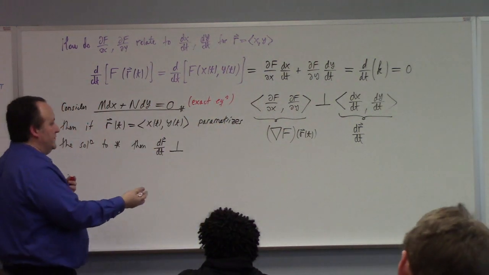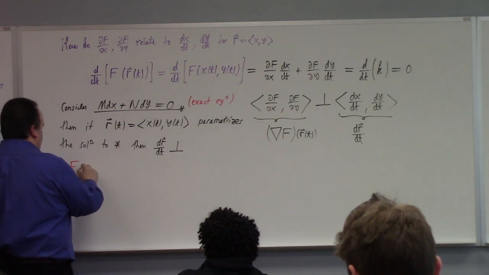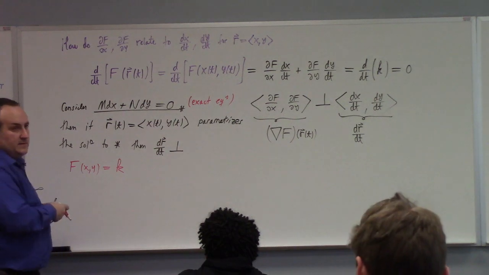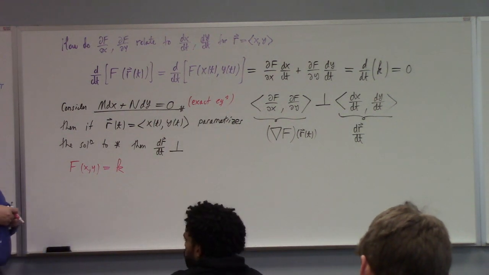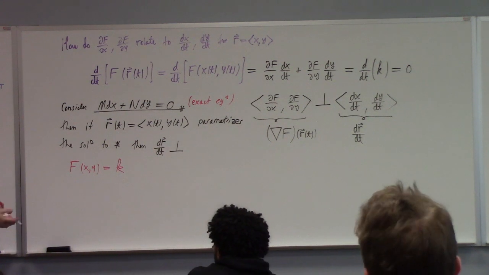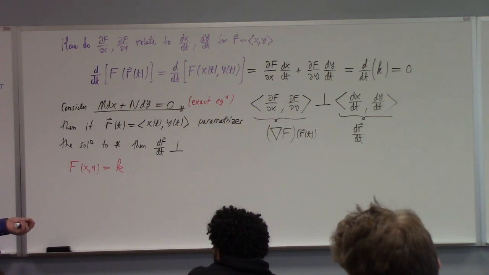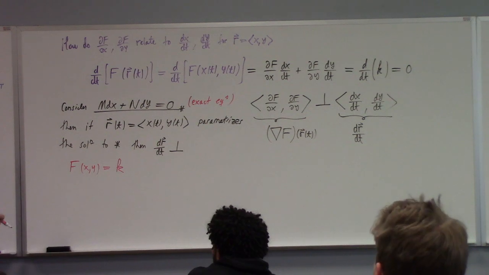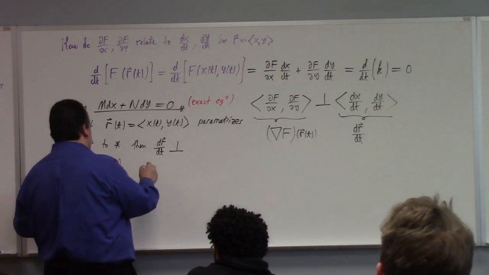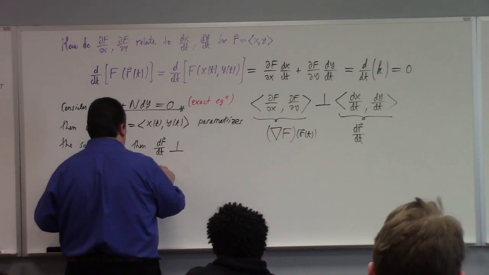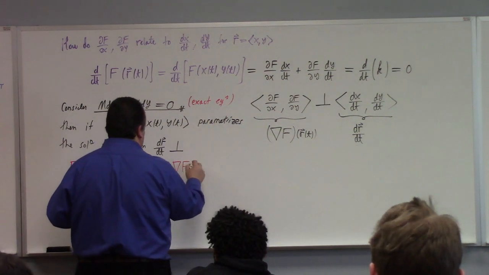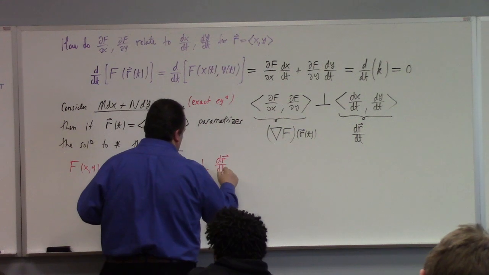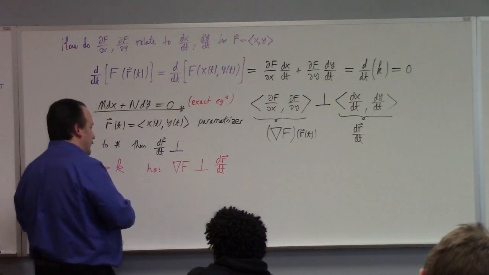Exact equation has solution what? F of x comma y equals a constant, right? And what's the relation geometrically between that level function and a parameterization of the solution to the differential equation? They're perpendicular, right? So then the gradient of f at the solution is perpendicular to the parameterization, the velocity of the parameterization.